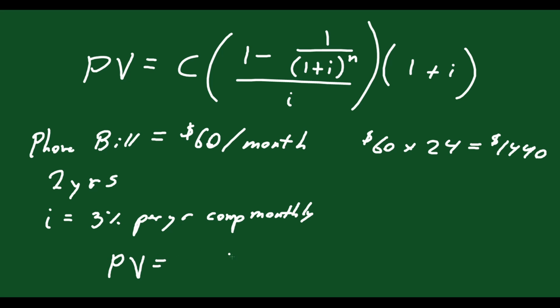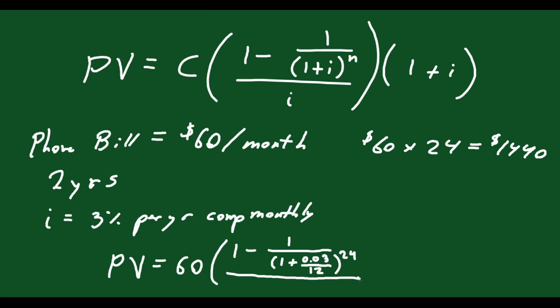So the present value is equal to C, which is $60 a month, times 1 minus 1 over 1 plus I, where I is 3%, so 0.03, compounded monthly, so I'm going to say that's divided by 12, to the exponent of 24, because we're doing this over 24 months, right?